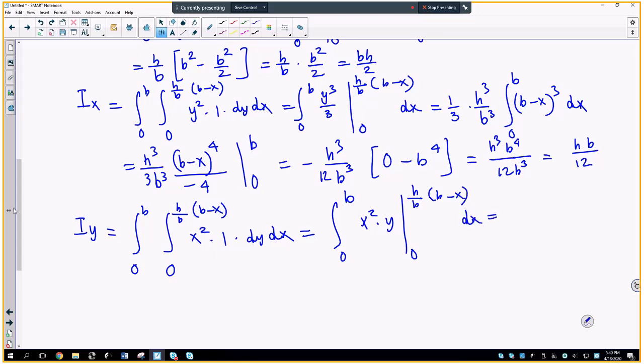So h over b again is a constant, I can pull it out. And I will have the antiderivative from 0 to b. See this x squared term, I'm going to distribute over this b minus x term. So I will get bx squared minus x to the power 3 dx.